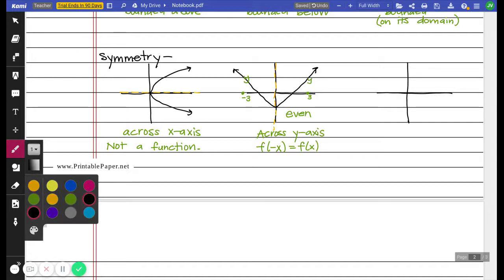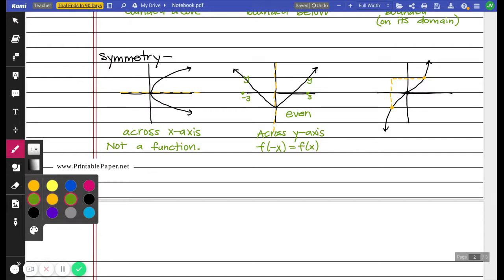The third type, if we have even, we should probably talk about odd. And odd symmetry looks like this. It's symmetric across the origin, but what I like to think about is that it flips horizontally and it flips vertically.